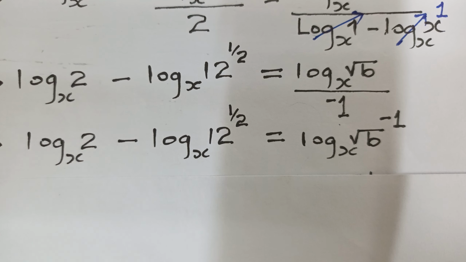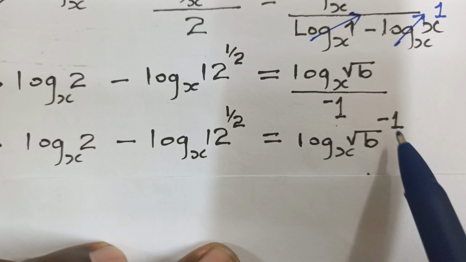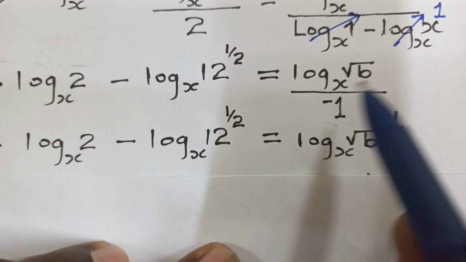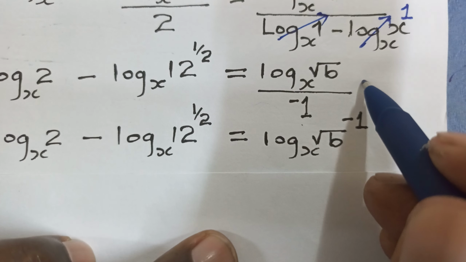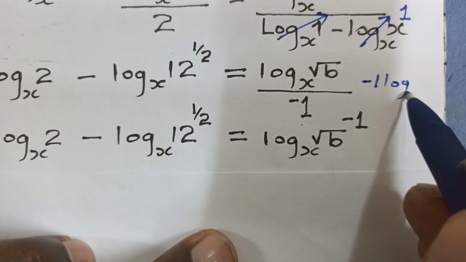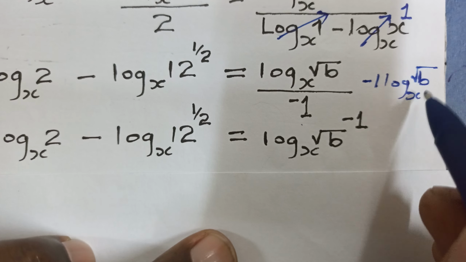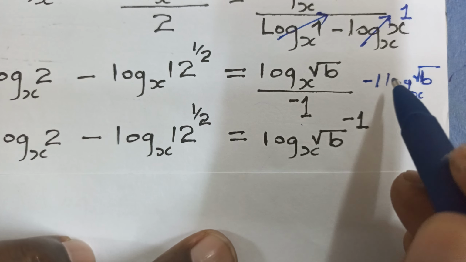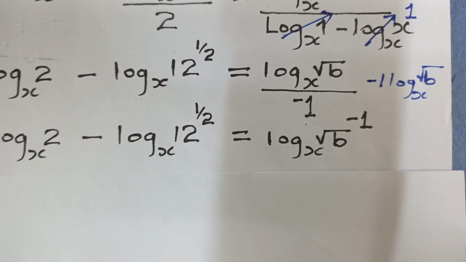Now we can also bring this negative 1, because remember this is like now writing negative 1 log to base x, that is log square root of b to base x. So this negative can go up. And this is what we have done right here.